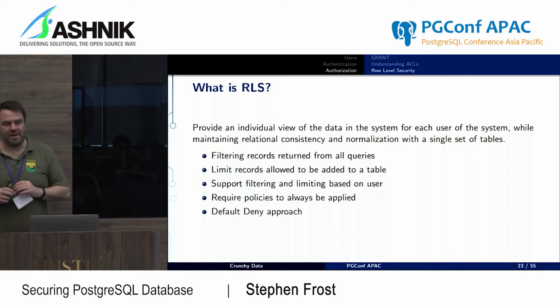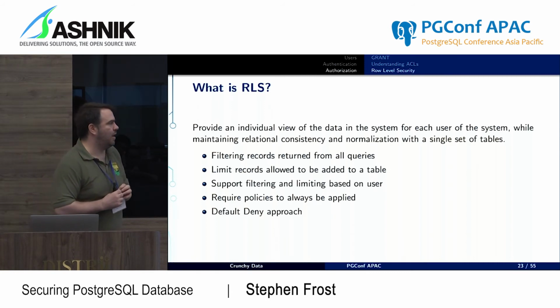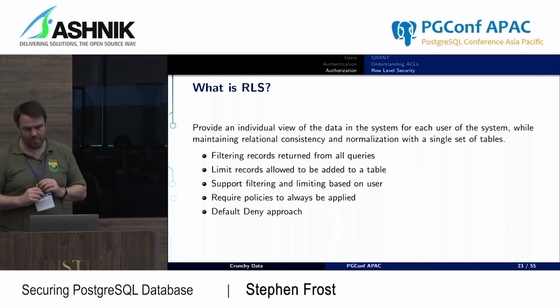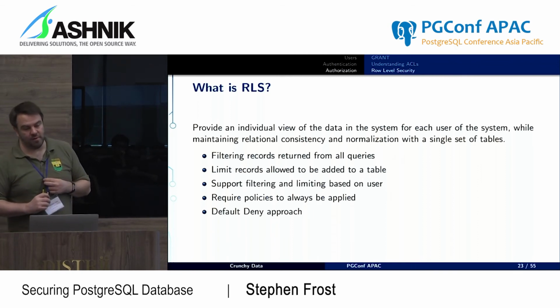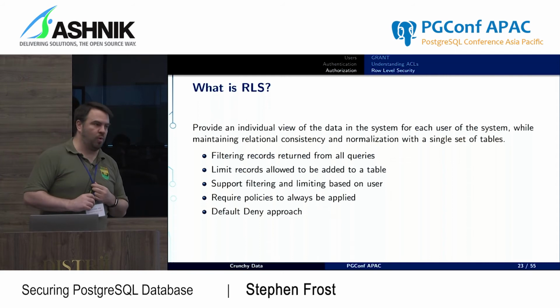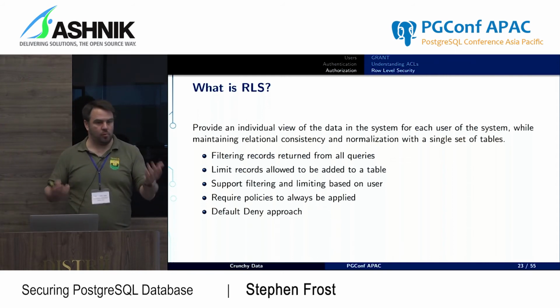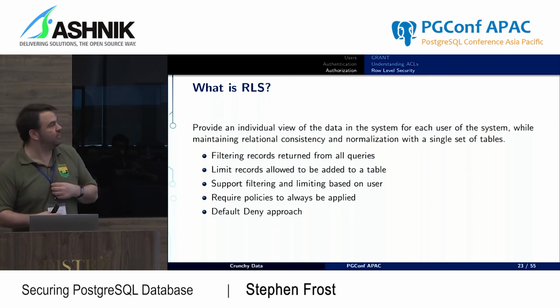In other databases, I've called this things like VPD, for example, but in Postgres we refer to it as row-level security, and we talk about it in terms of policies. We also can limit what's allowed to be updated by a user for a given table, or even what the result of that update is allowed to be inside of Postgres.